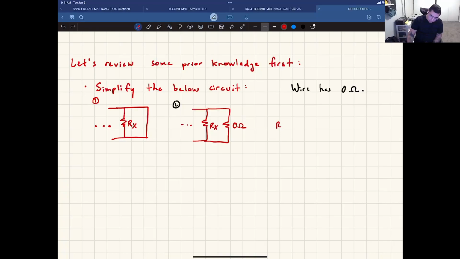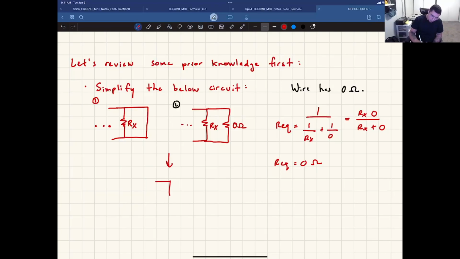And mathematically, the equivalent resistance then would be 1 over Rx plus 1 over 0. Or you can say Rx times 0 divided by Rx plus 0. No matter how you want to see it, anything times 0 is 0. So R equivalent becomes 0 ohms. What has 0 ohms across it? A wire.